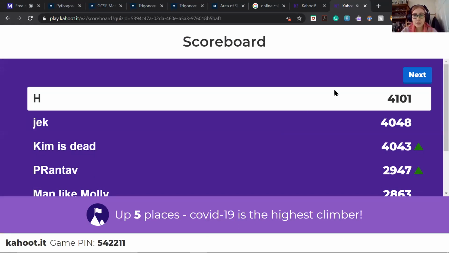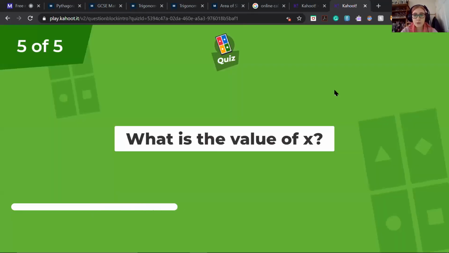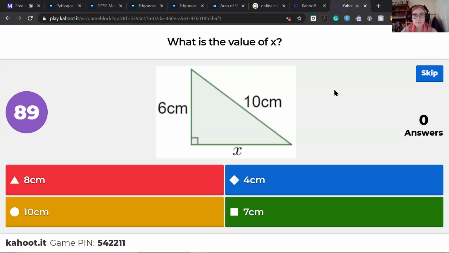And our final question here, we want to know what the value of x is in this diagram.